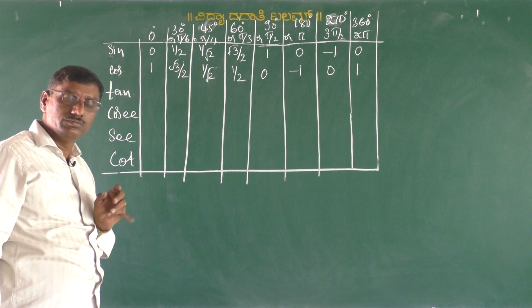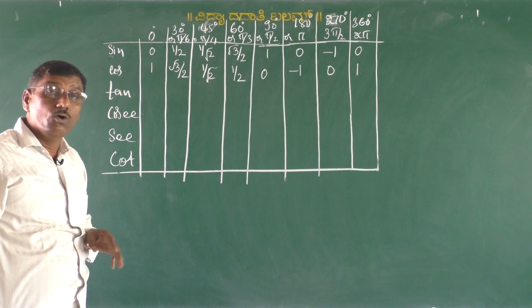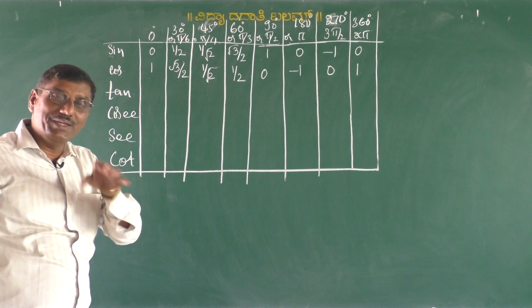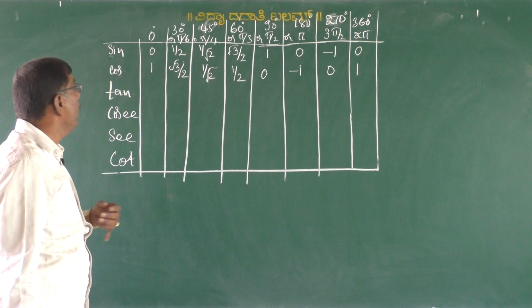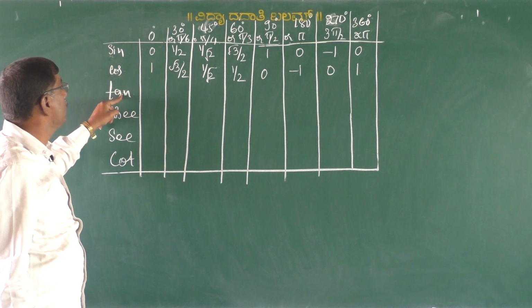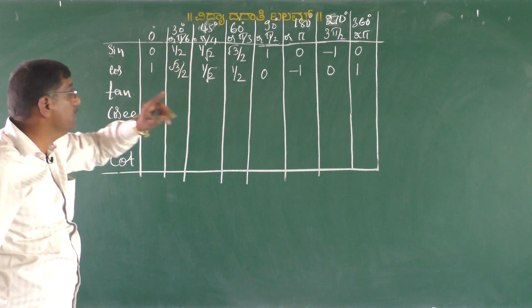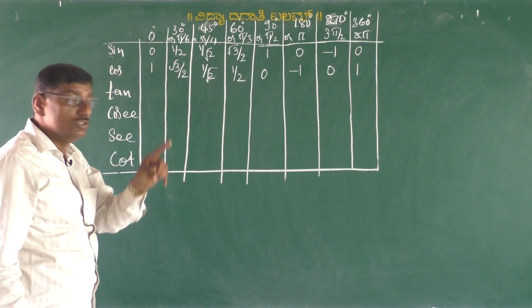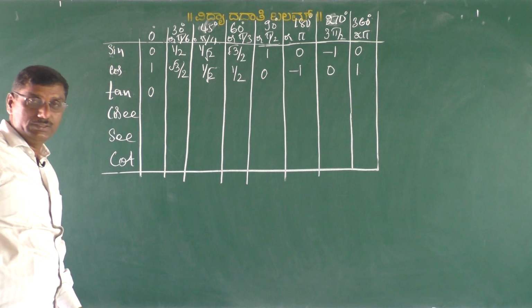Now, by taking the quotient formula of tan, we can find out the values for tan by considering these degrees. We know tan is sine by cos: tan 0 is 0 by 1, that is 0, my dear students.